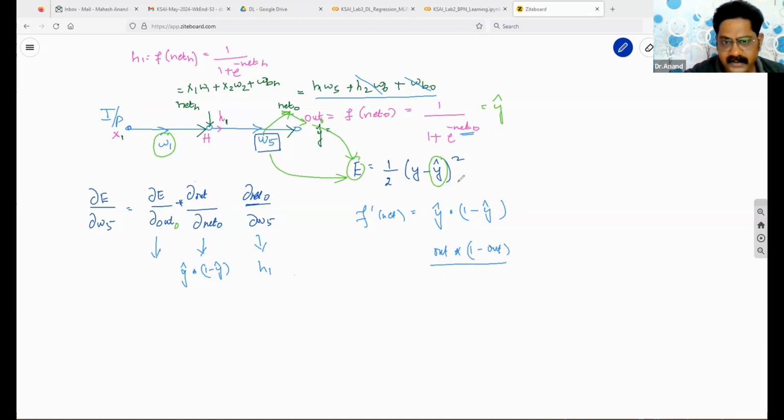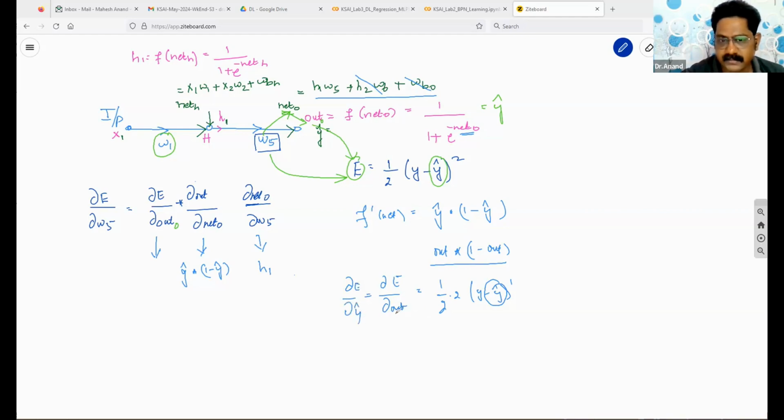So if you derivate this expression with respect to out or y cap, dou E by dou out, take 1 by 2, bring the 2 in, reduce the power by 1, and derivate this component alone with respect to out, because y cap itself is out. This is also equivalent to dou E by dou y cap.